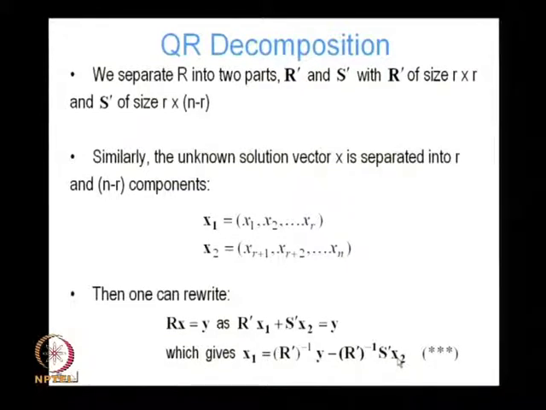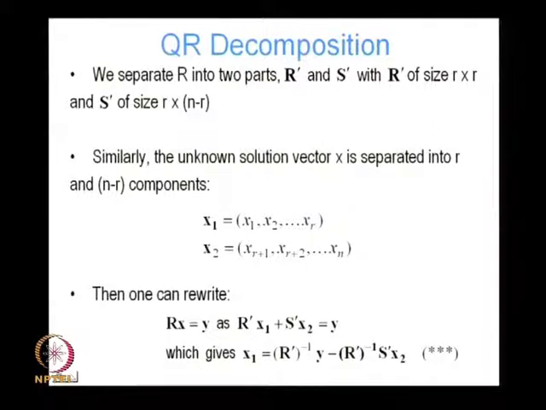These x2 are arbitrary, because my A matrix has got rank r. So, we have to assume x2 takes arbitrary values. Remember, anytime we have less than full rank, we are going to have infinitely many solutions, as many as the null space allows.